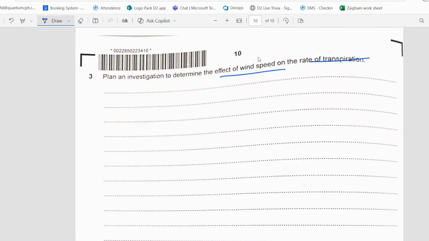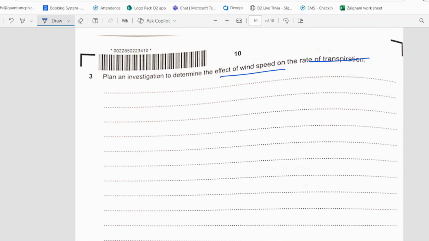Let's find out what is the independent variable and what is the dependent variable. And how would you determine the rate of transpiration? Potometer, yes.